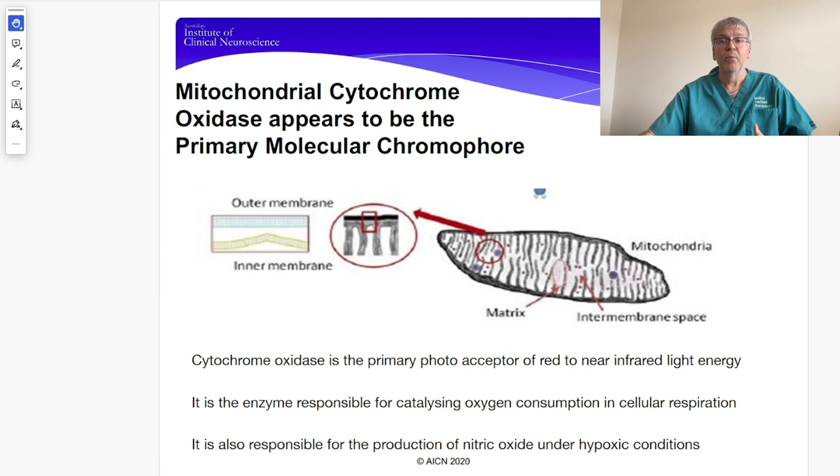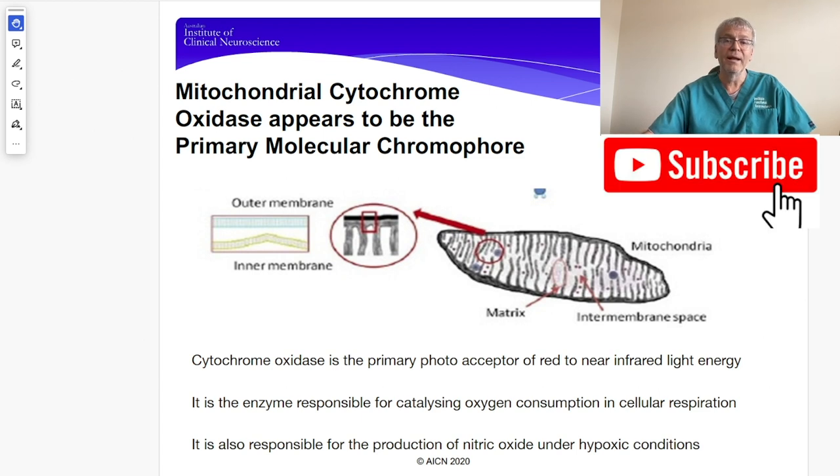Now, we talked about this thing called the mitochondria. The mitochondria is an organelle that is in pretty much all our cells. It does a lot of things, but one of the main things is it produces ATP.